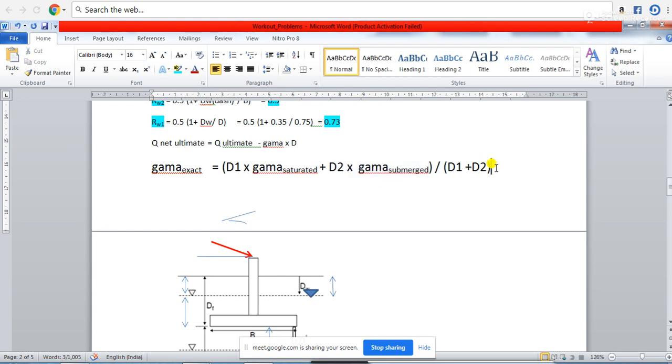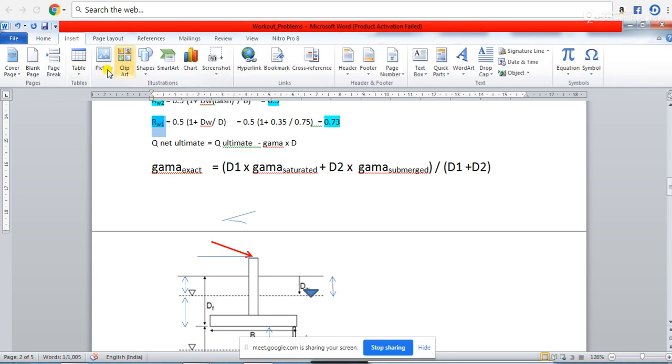If you take this into consideration, you will observe that this is a kind of linear interpolation. When you use this RW1 as a factor for water table correction up to the depth d of the footing, it is nearly correlating with this.